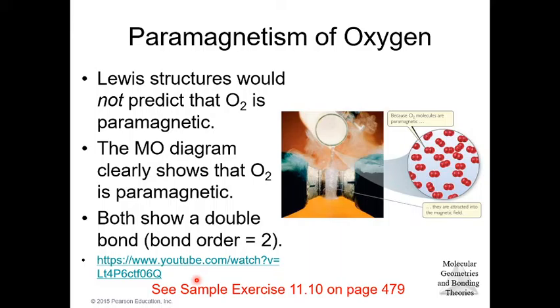What we're going to do on Monday when we start lecture, I'm going to play this video for you. So either watch it on your own or watch it in class. But it's a really good video that demonstrates, and you can really see it for yourself. It's a live person doing a real thing of pouring liquid oxygen over a magnet, and it's attracted to it. That's what this guy is trying to show here. It's a very cool video.